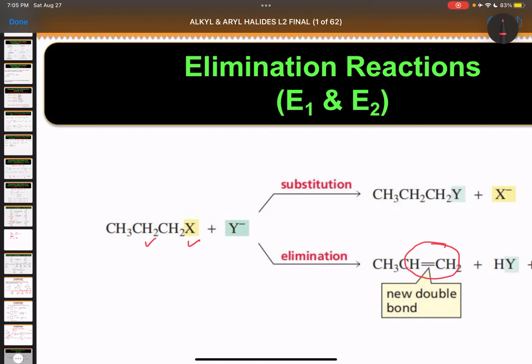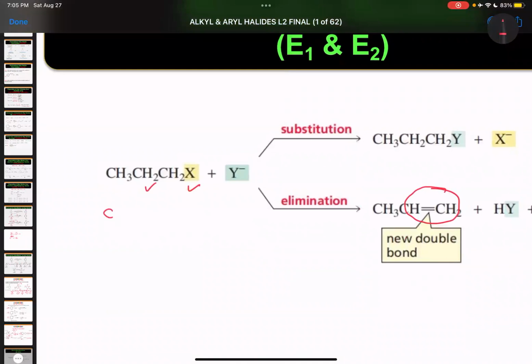I will explain. Substitution is clear. What do you mean by substitution? Elimination means, I will write it once more here, CH3, CH2, Br. Two groups are removed completely and no other group takes their place.